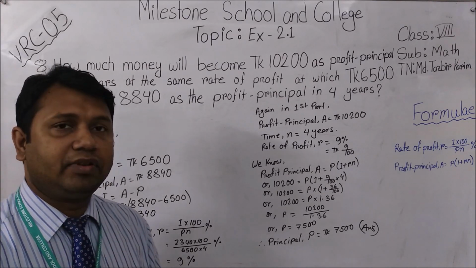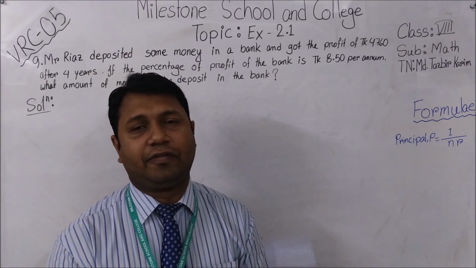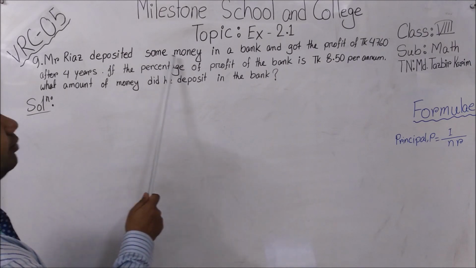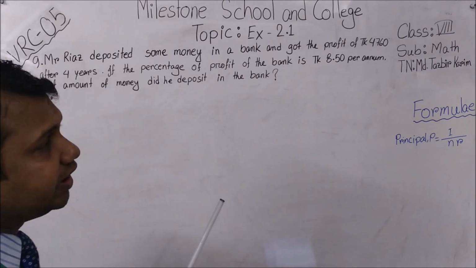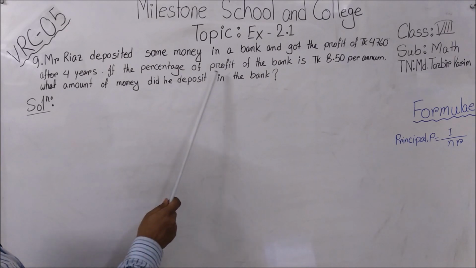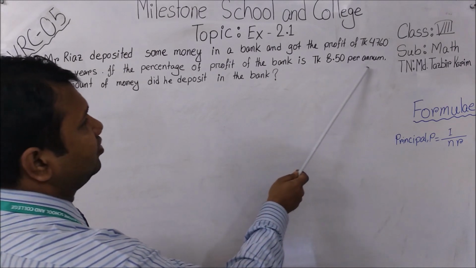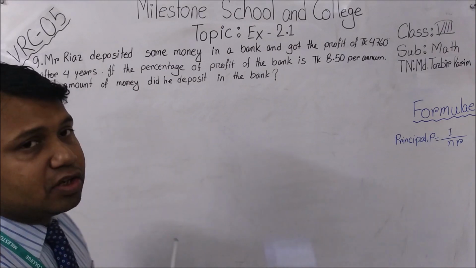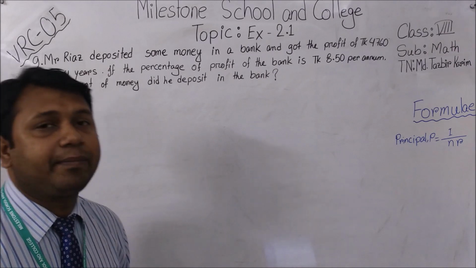I think you understand the math. I'm going ahead with the next math. Okay, my dear students, here is question number 9 of our exercise 2.1. The question is, Mr. Riaz deposited some money in a bank and got the profit of taka 4,760 after 4 years. If the percentage of profit of the bank is taka 8.50 per annum, what amount of money did he deposit in the bank? So the question tells us to find the deposited money, which is actually the principal.